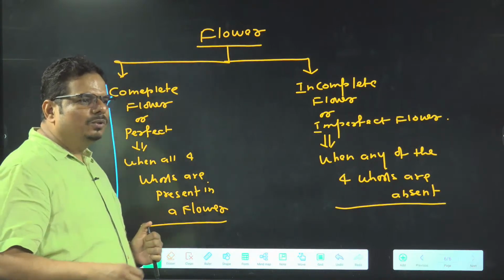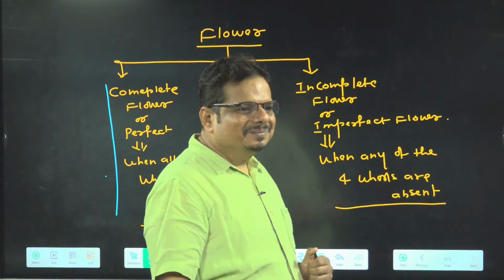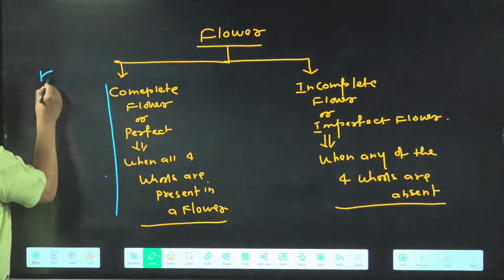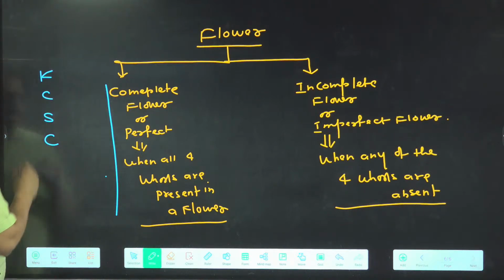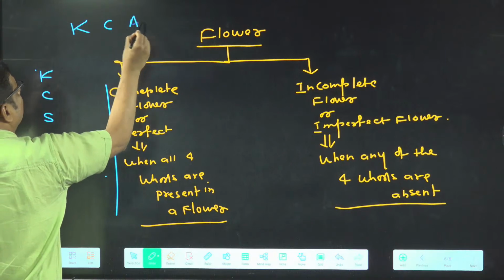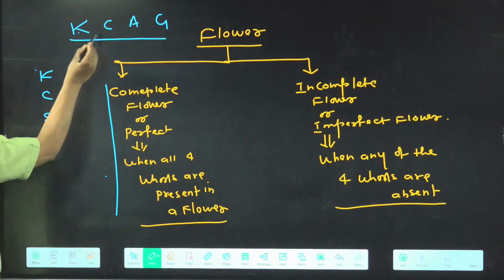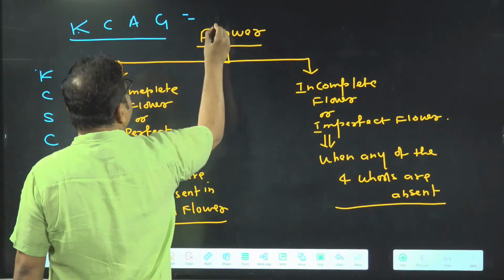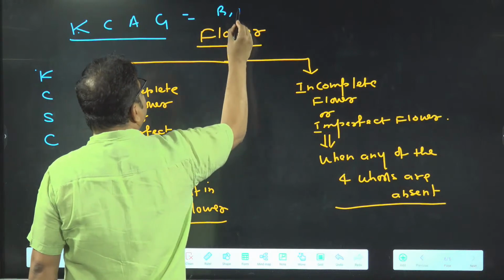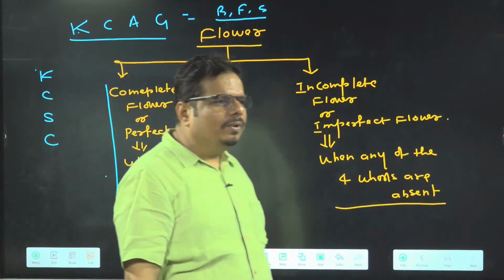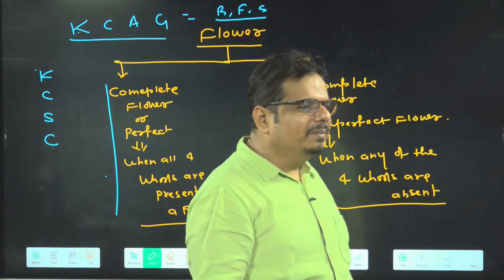It is written when you go through which one? Family. Able to understand or not? So, complete flower: calyx, corolla, stamen, carpel, all four. In terms of symbols, calyx, corolla, androecium and gynoecium, all four are present in the members of which families? These all are present in Brassicaceae. These all are present in Fabaceae. These all are present in Solanaceae. Out of four families, it is present in the members of three families.